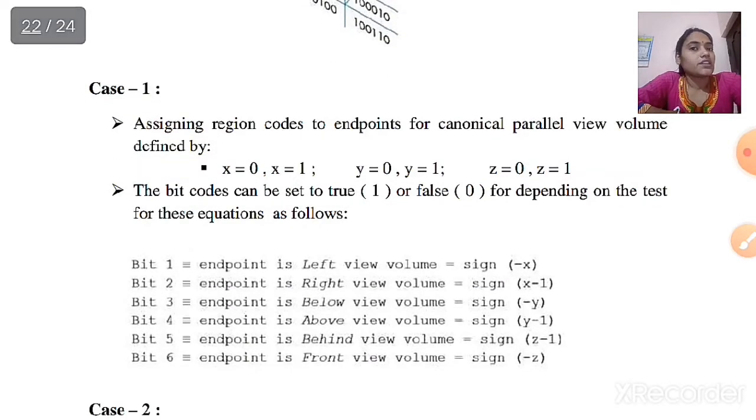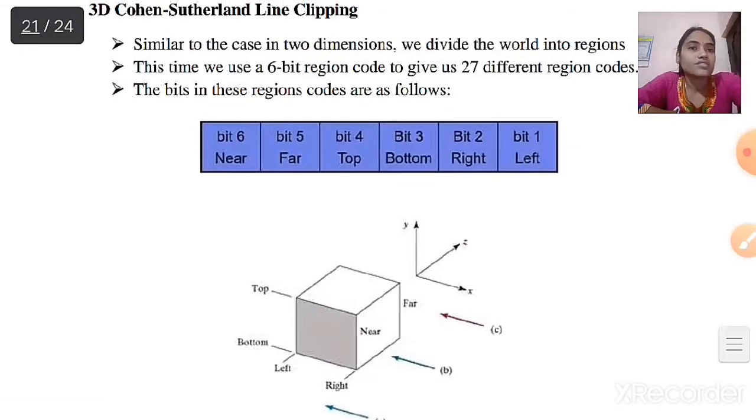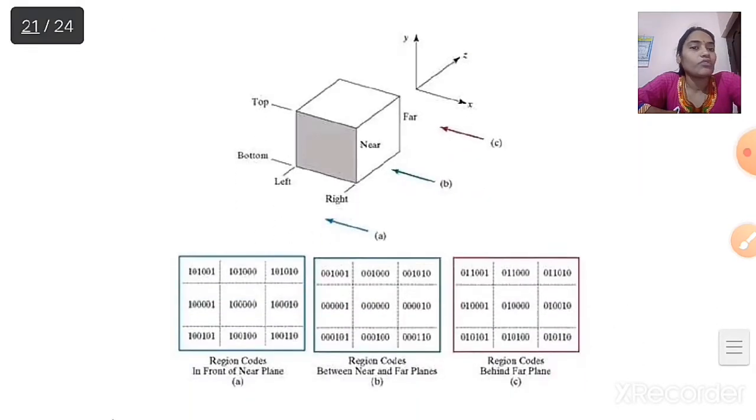When we test bit 1, the endpoint is left of the view volume, and the value is the sign of minus x. If the endpoint is right of the view volume, the value is the sign of x minus 1. The bit 2 is our right. Here bit 2 is right, bit 3 is bottom, bit 4 is top, bit 5 is far, bit 6 is near. In this way you can test this.